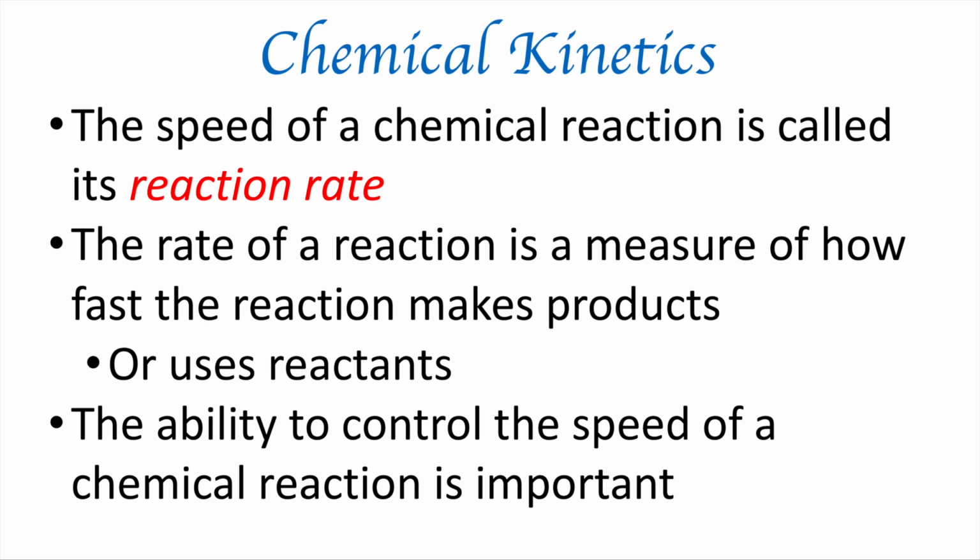And especially in different types of industry, sometimes they want the reaction to occur quickly, and sometimes you don't want it to go too fast. For example, like the production of ammonia. If you make ammonia too fast, it can become explosive. But yet, the production of ammonia is very important from anything from explosives to fertilizer.